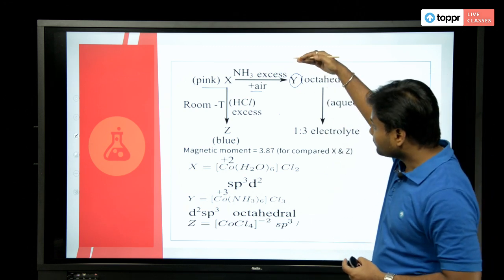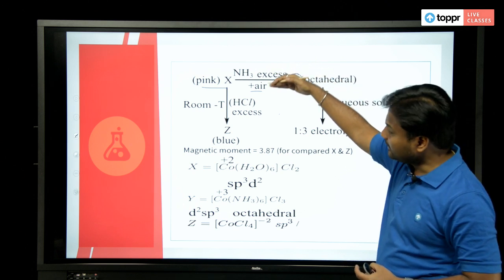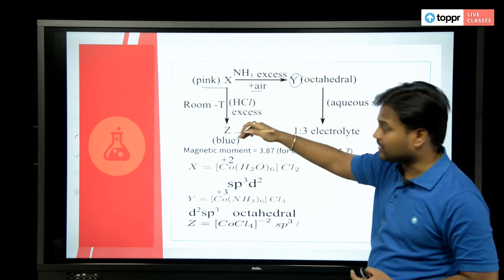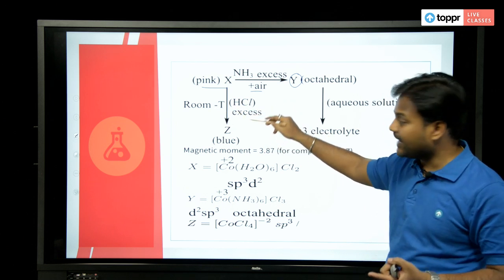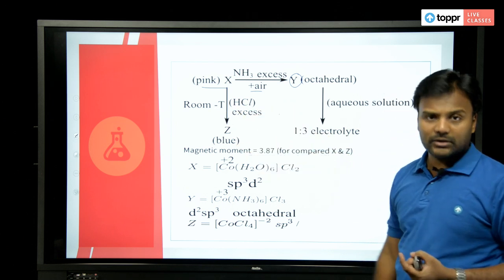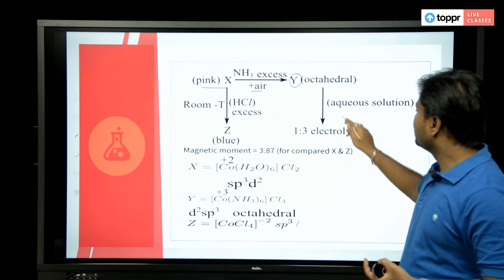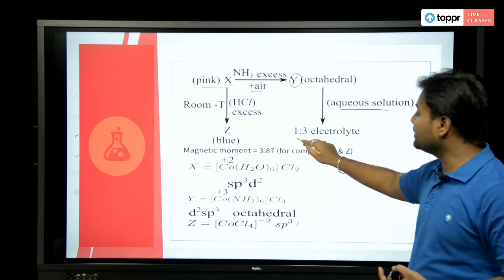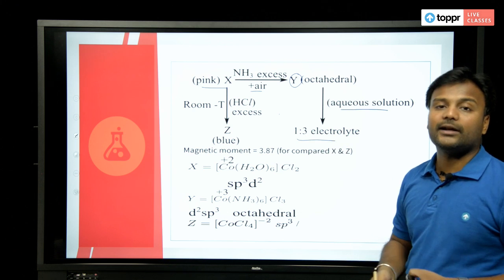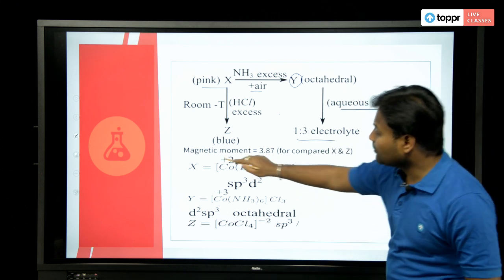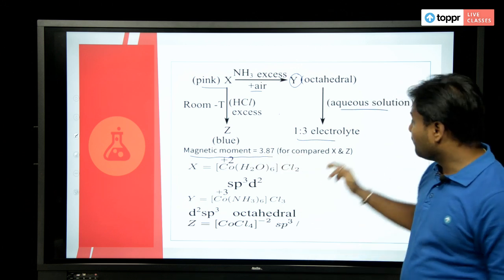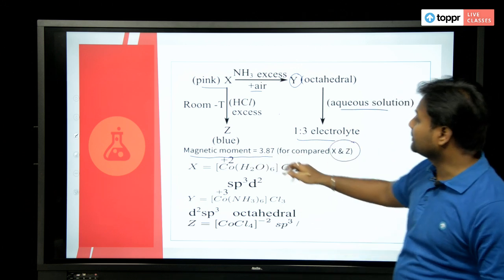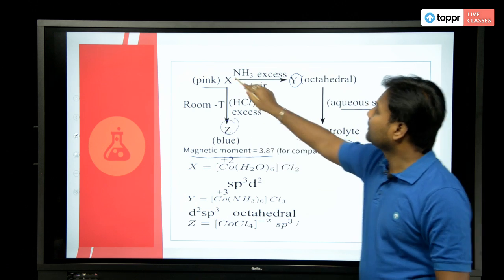This part was given in the question, that is room temperature, whereas when you add excess HCl, you get Z, a blue colored compound. In aqueous solution, Y is a 1:3 electrolyte. The magnetic moment is 3.87 for compound X and Z.